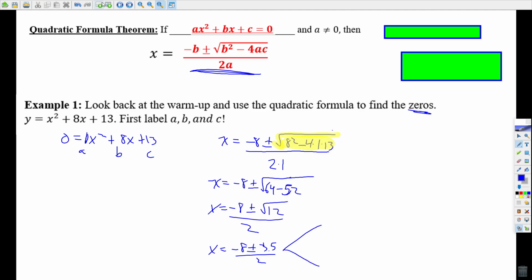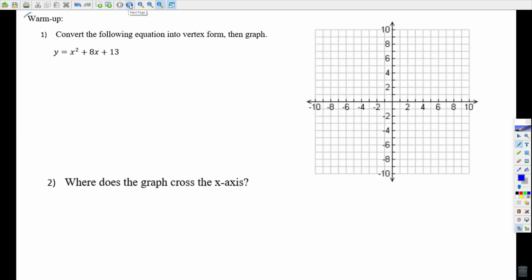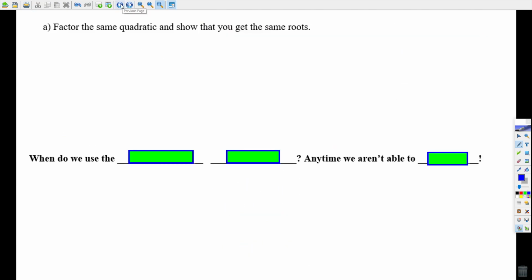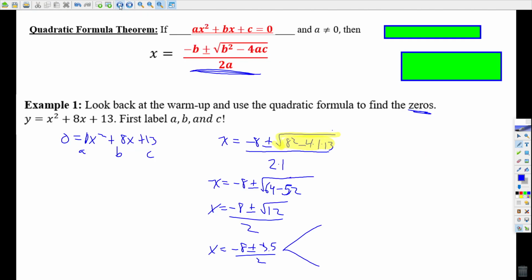So we have x equals negative 8 plus 3.5 all over 2, or our other option is to have negative 8 minus 3.5 over 2.